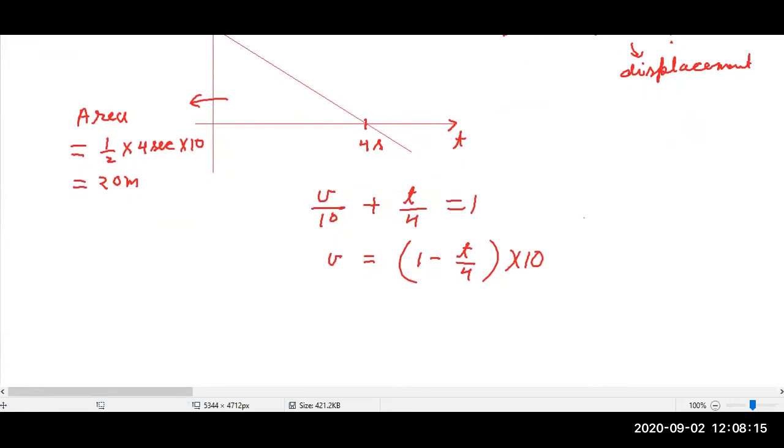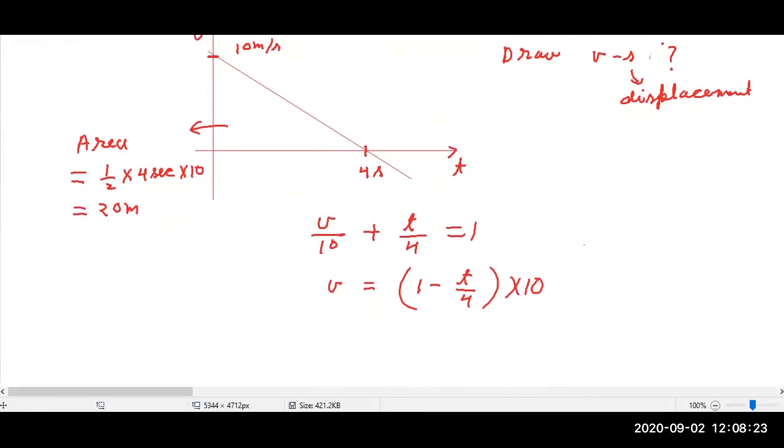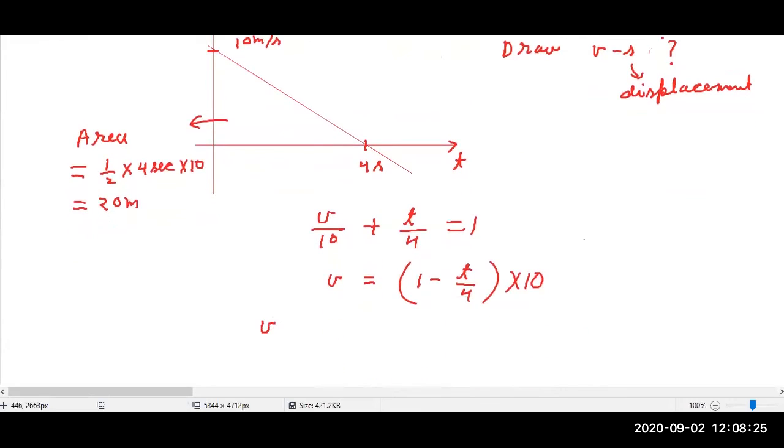Okay, so this is the velocity. We can use this formula, V square minus U square equal to 2AS. This formula can be used. We need to find AS. We need to replace T.